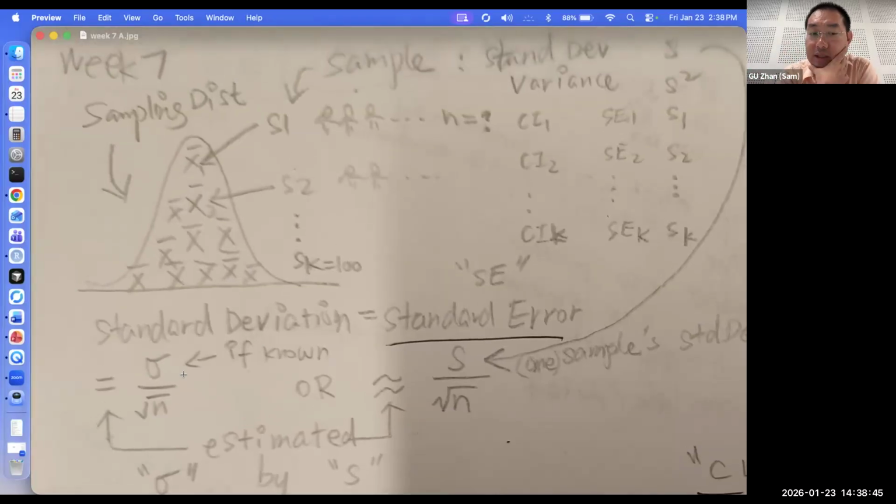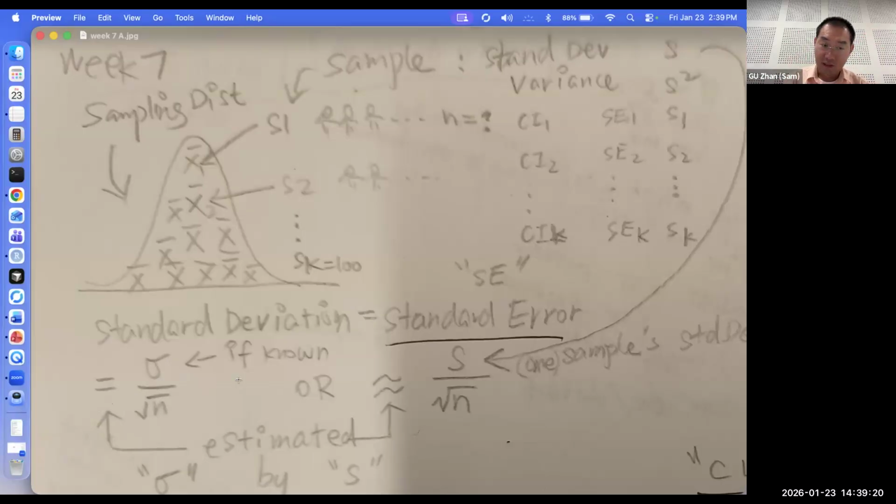Recall last week, we talked about the variance of the sampling distribution: it is equivalent to the population variance divided by the sample size n. Taking the square root of both sides, the standard deviation of the sampling distribution is the population standard deviation sigma divided by the square root of n.